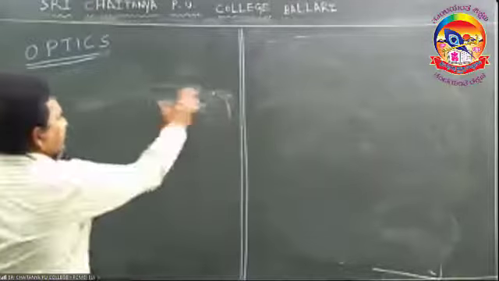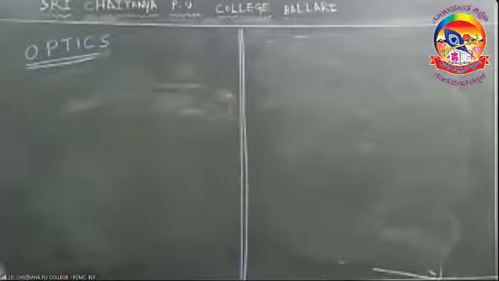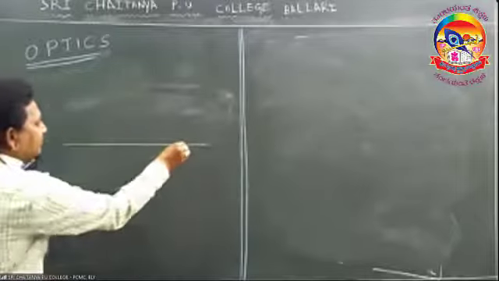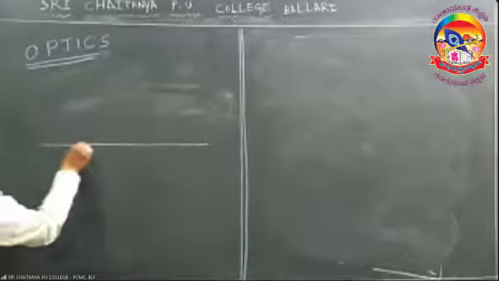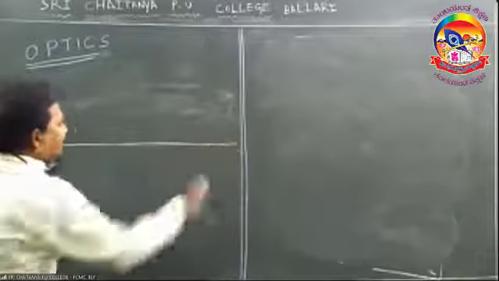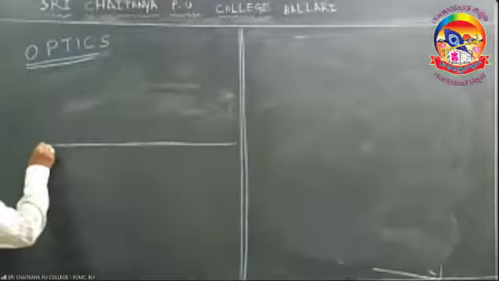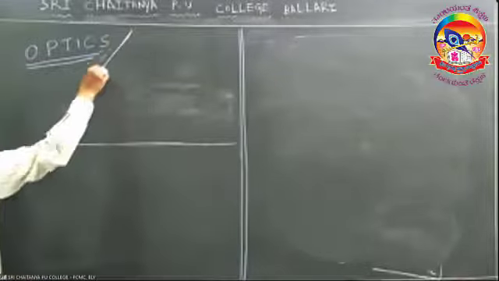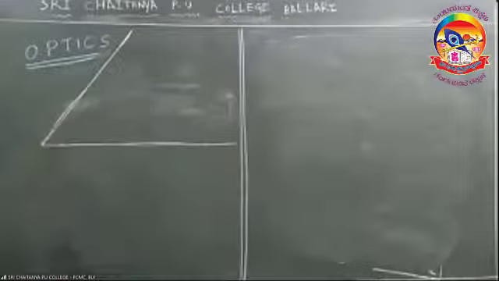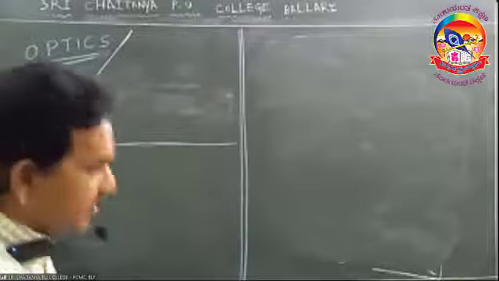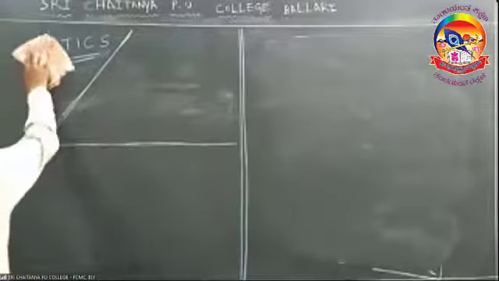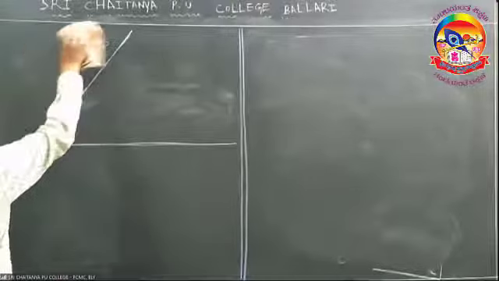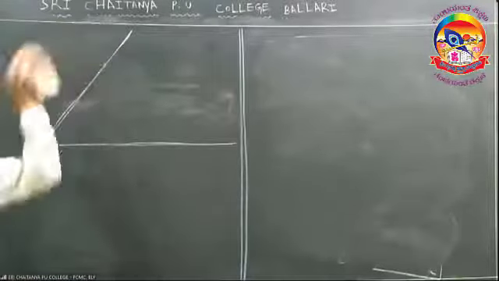3 reflections. Suppose this is one mirror, M1. This is another mirror, M2. Confusion should not be there.